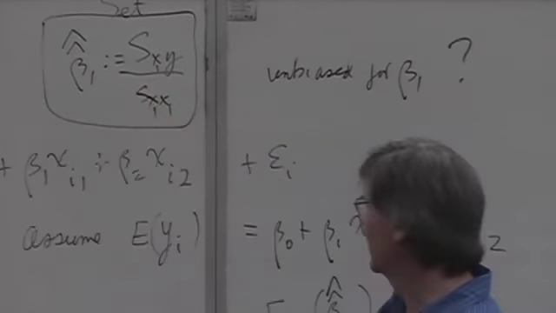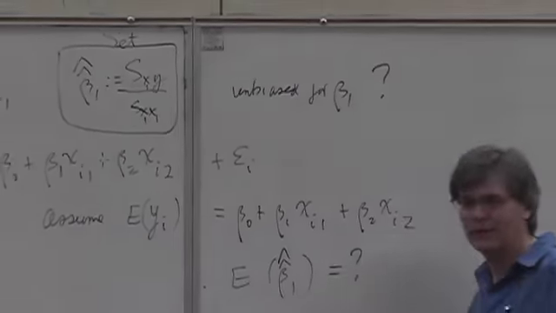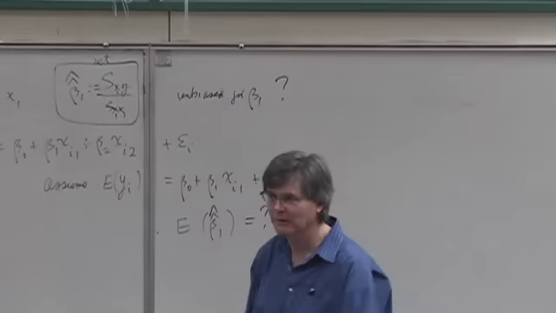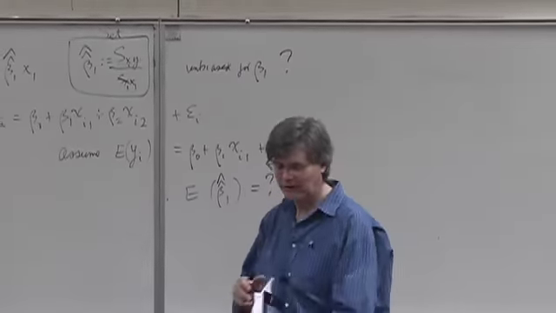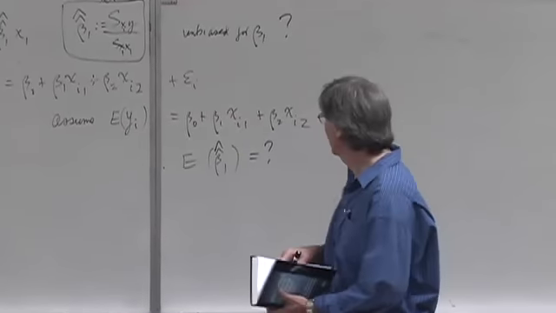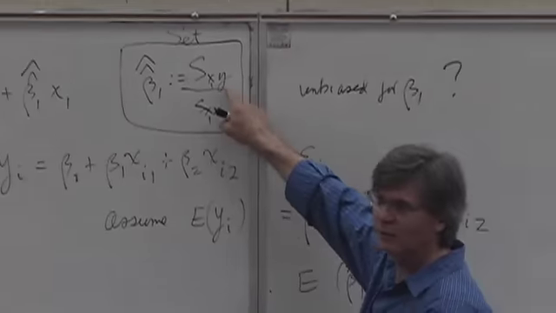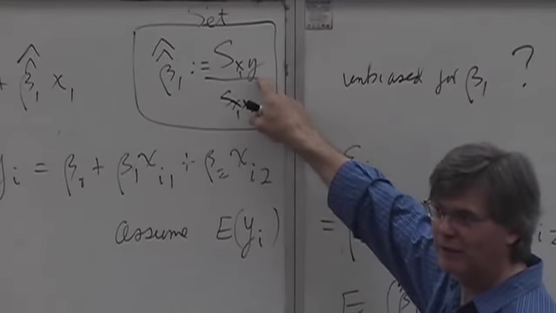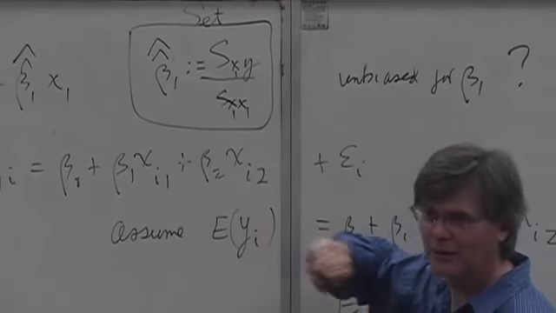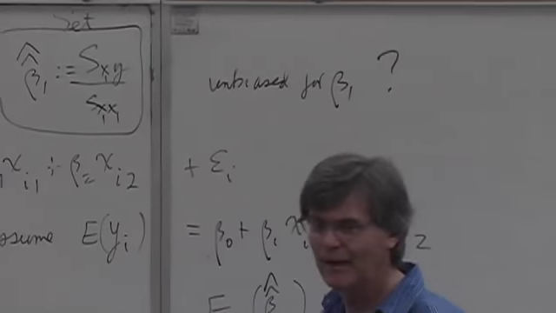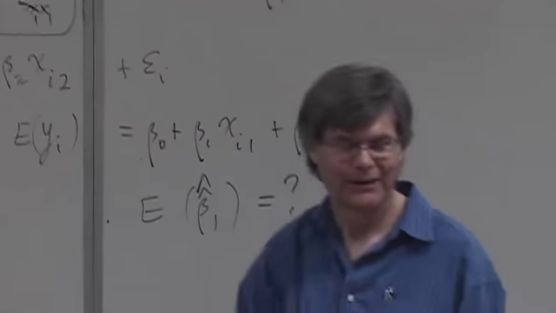Okay? And the question is, come up with some kind of formula for the bias or something like that. You actually have to calculate it. How do you do that? Well, you just go ahead and use this. Remember what the formula is for this, how we did that? Just go back to how you calculate the expectation of beta 1 hat on page 20 or something. Okay, so go in there.